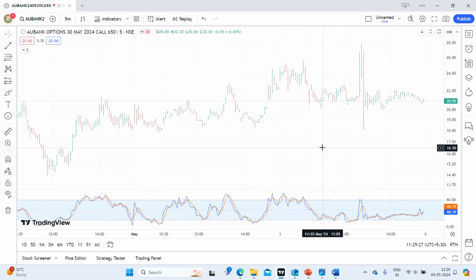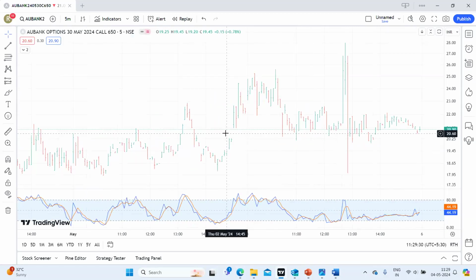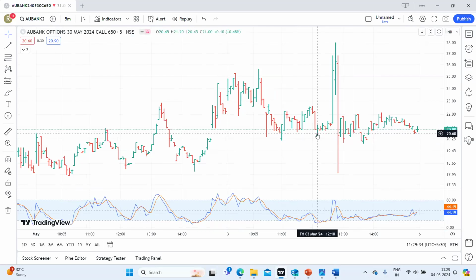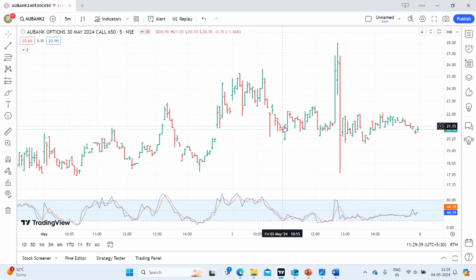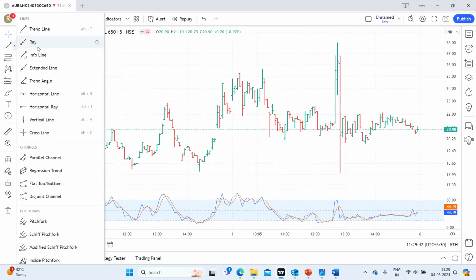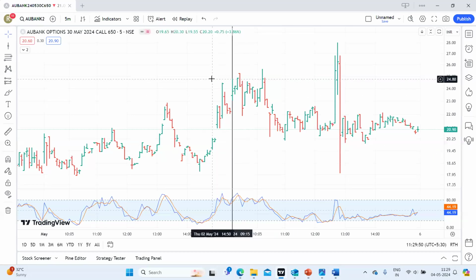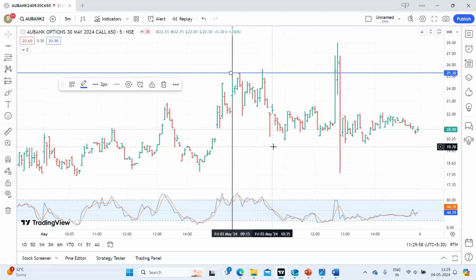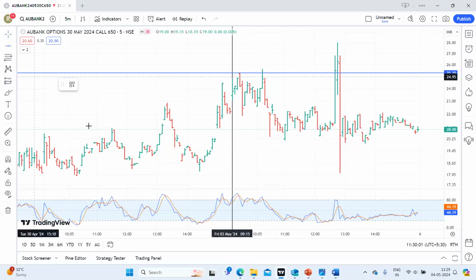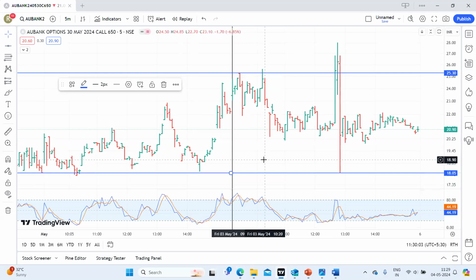Okay, yes. So basically you bought the call, where did you buy it? Let's suppose this is the 3rd of May, starting from here. Okay, this is the starting point. So suppose you took the call entry at this level, I'm just giving a hypothetical, then your stop loss would be at this level, because the signal candle is this.